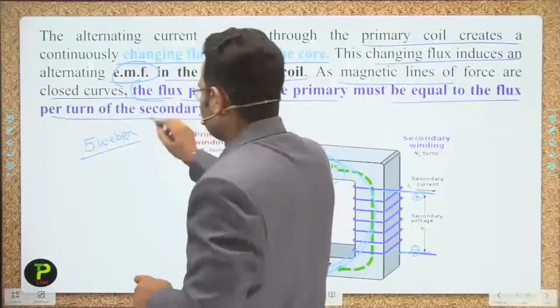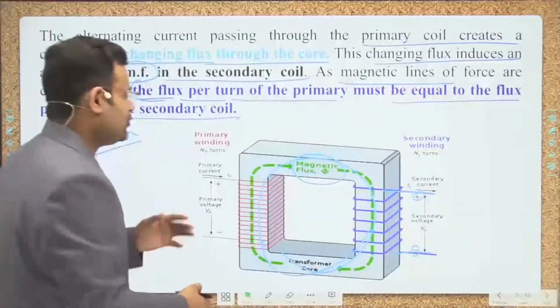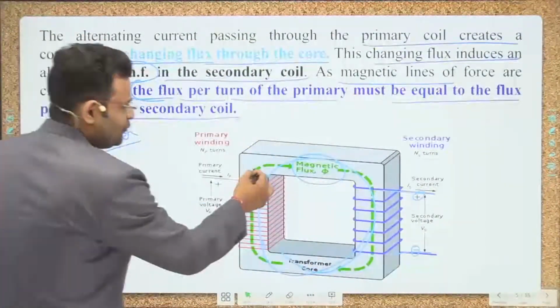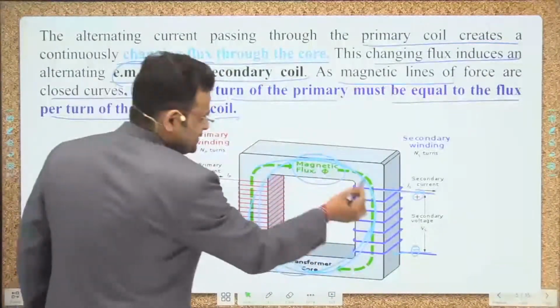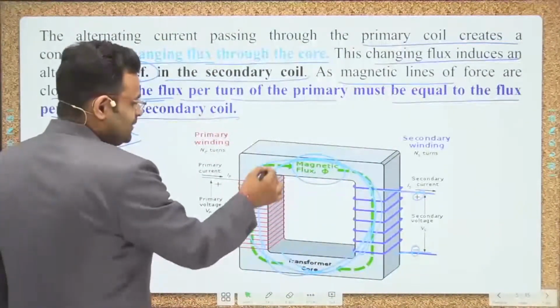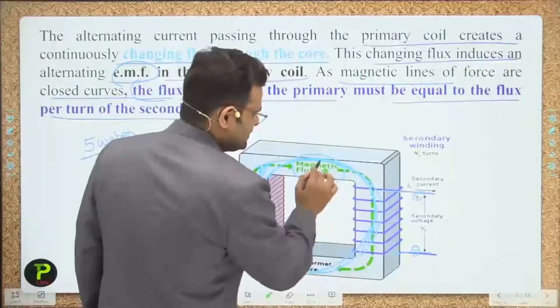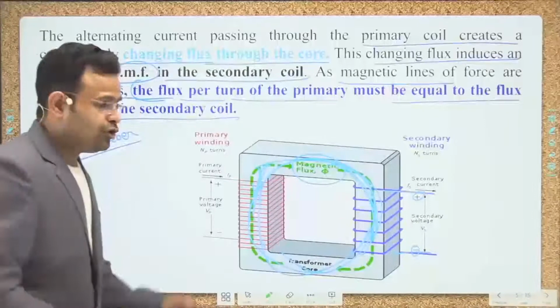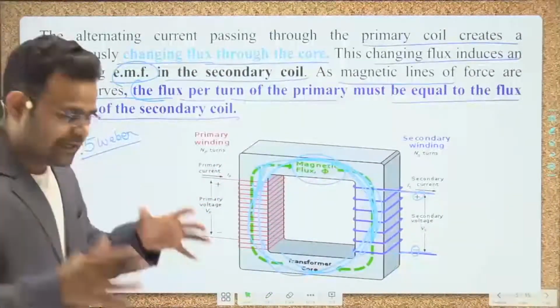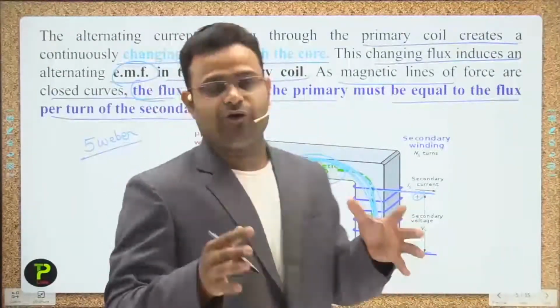Why is that condition fulfilled? Because the magnetic field lines for both coils are the same. If 100 flux lines pass through that coil, then 100 flux lines will also pass through the other coil, because magnetic field lines are closed curves.